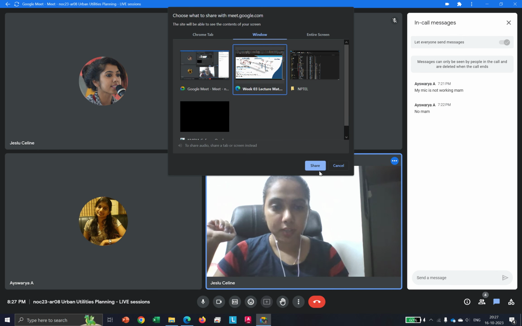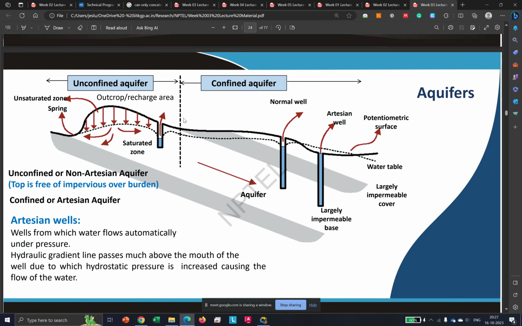Window. Okay. So this is what we learned, if my screen is visible, right? This is an unconfined aquifer. If you see this gray one, that is an impermeable cover that we have. If you have an impermeable cover, which means you cannot penetrate it, then it's called a confined aquifer.